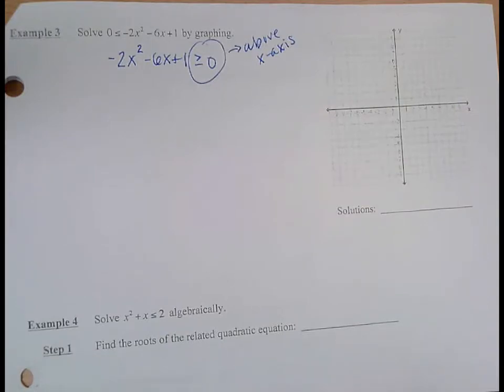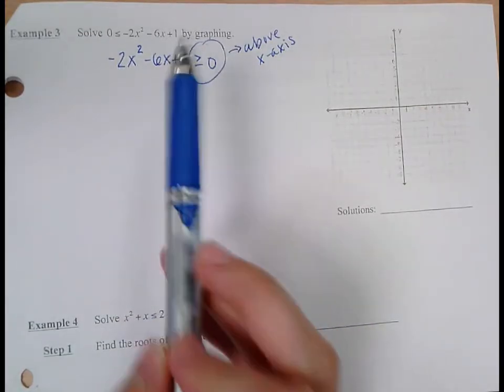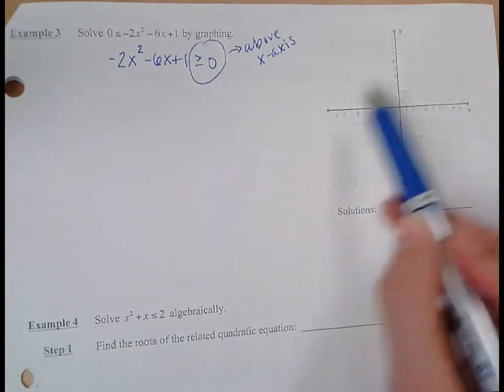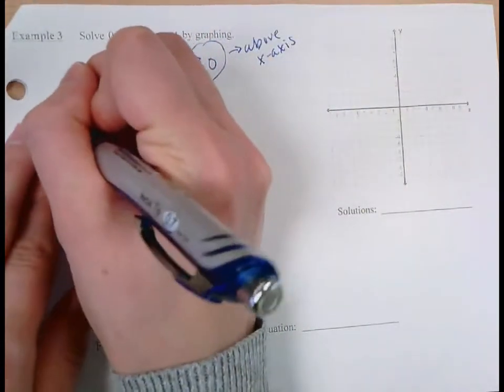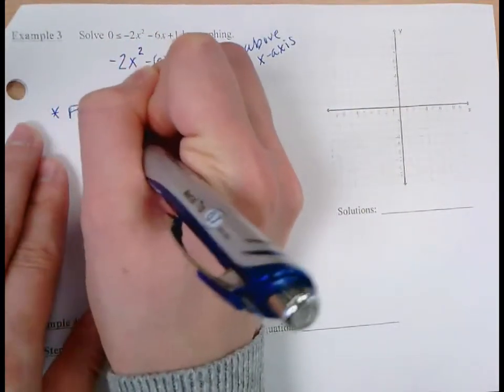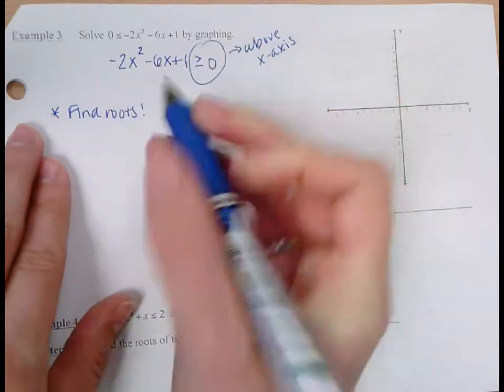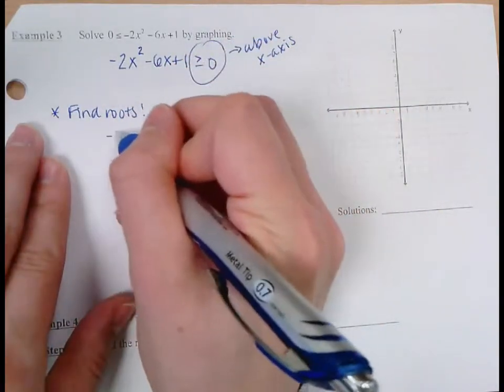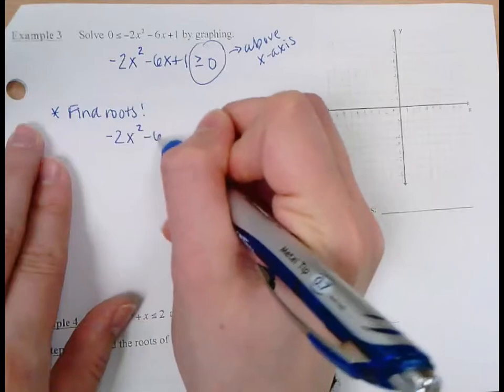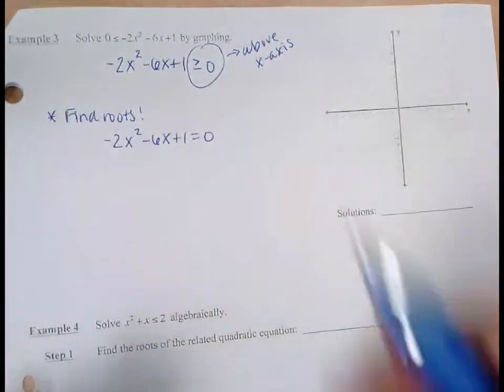Okay, otherwise we go through the same process with this one. So what I want to do first is find where my x-intercepts are. Find the roots. And I can do that by solving the related equation. So -2x squared minus 6x plus 1 equals 0.